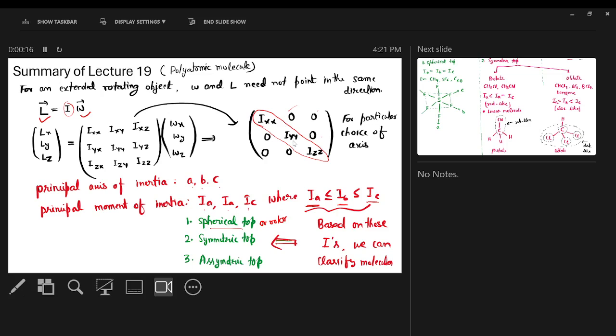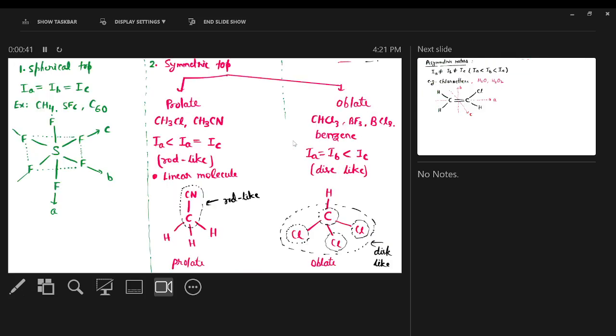Okay. So before this slide, we treated only diatomic molecules, and we did not worry about this, no classification. Okay. But when we consider polyatomic molecules, this classification is a must. So we'll see the first one, the spherical top or spherical rotor, and its conditions. In case of a spherical top, we have IA equal to IB equal to IC.